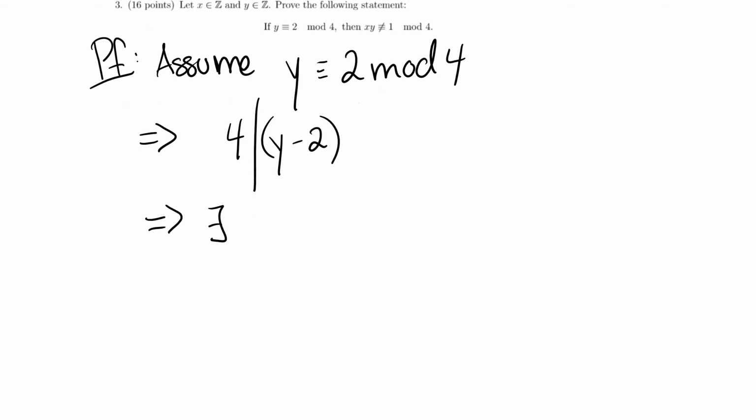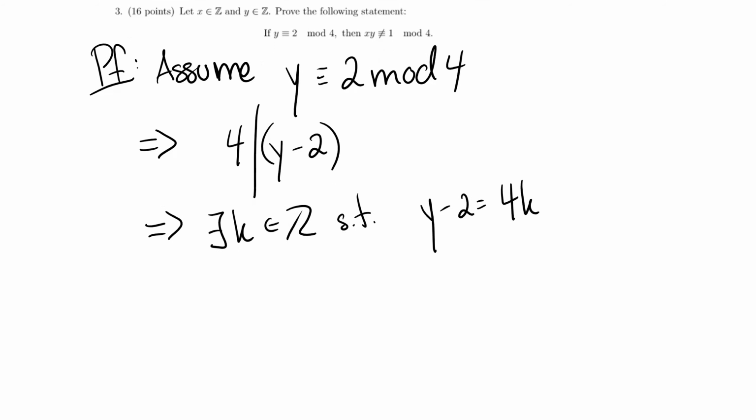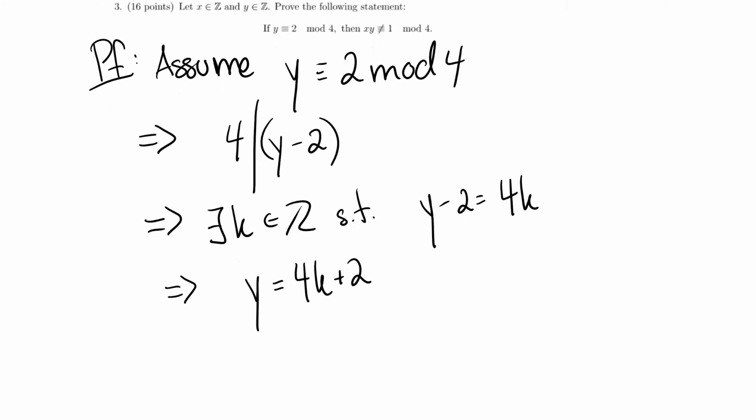That means that there exists some k in the integers such that y minus 2 equals 4k. What does x have to do? Oh, I see. Then we know that y equals 4k plus 2. Now we want to introduce this x. Since x is an integer, we can use the division lemma on it.